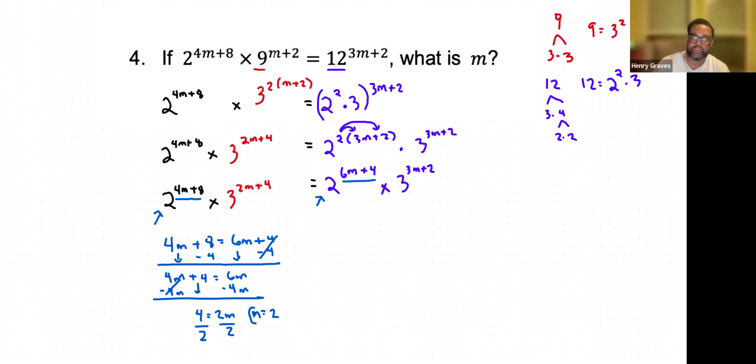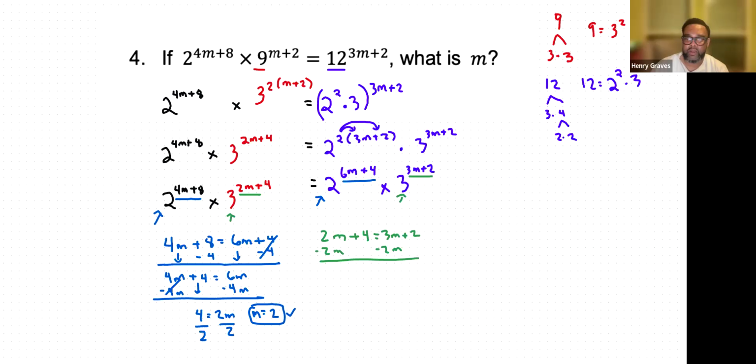So it looks like m is going to equal 2, but let me look at the other side as well. Let me see what I get. I have another guy over here that both have a 3, as you can see, right? I'm going to take these two here, so they're equal to each other. We're going to have 2m plus 4 is equal to 3m plus 2. So I'm going to go ahead and start by subtracting 2m on both sides, the balance method, as you guys call it.